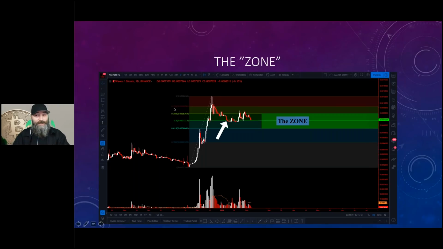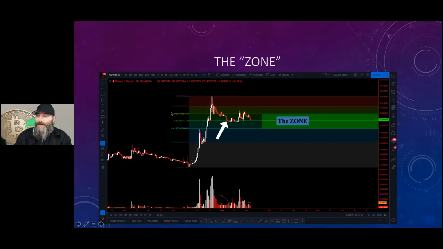But it's an aggressive target. So I want you to understand that you can have conservative targets at the 382, and you can have aggressive targets at the 786.